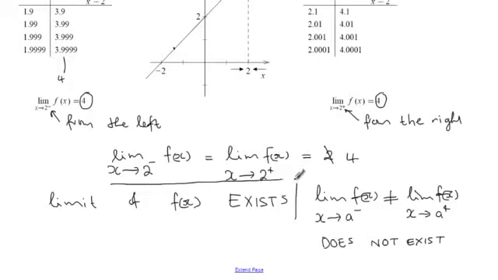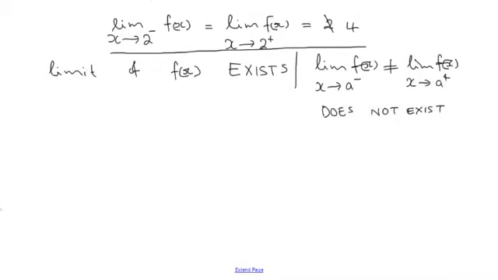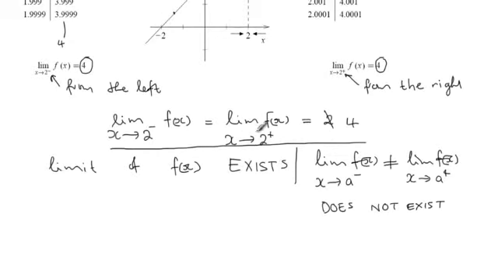Now, in the case that we have here where the limit exists, a more compact or portable way to express this statement is to write the limit of f of x as x is approaching 2 is equal to 4.